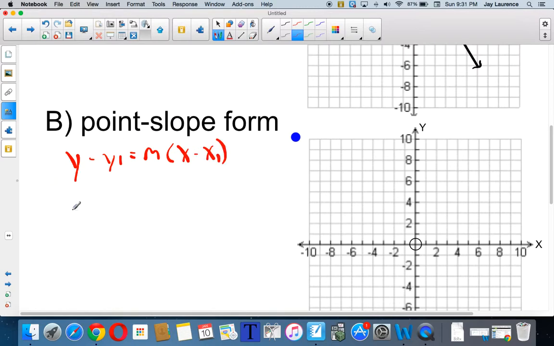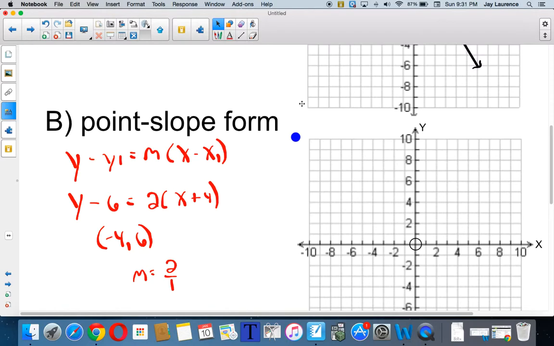All right, so if I had an equation like this, y minus 6 equals 2 times quantity of x plus 4. The first thing I do is identify my point, and remember the signs change. It'll be negative 4, positive 6. And then my slope is going to be the value of 2 over 1, my rise over run. So I plot the negative 4, 6.